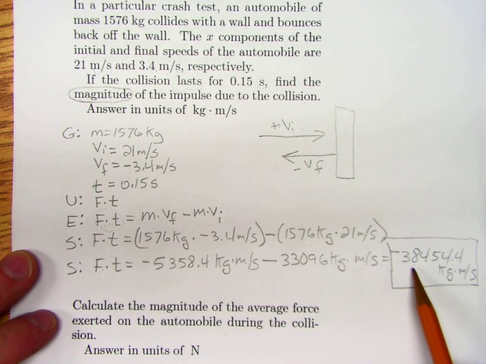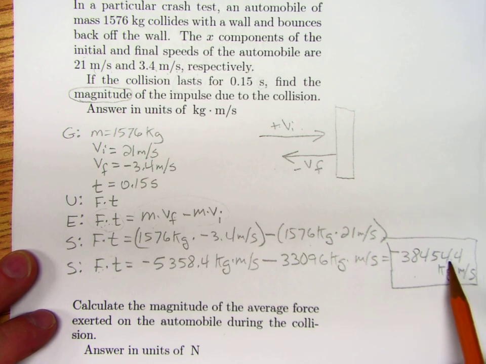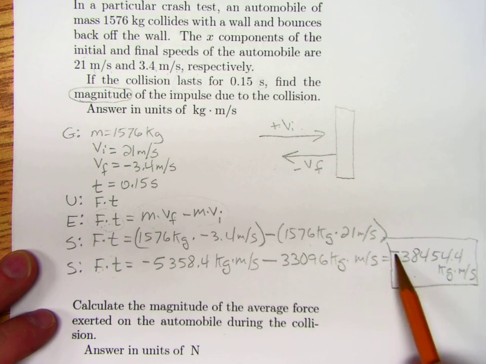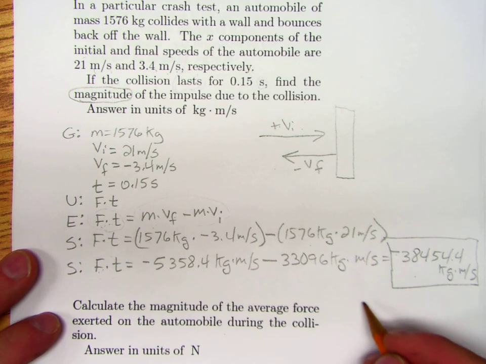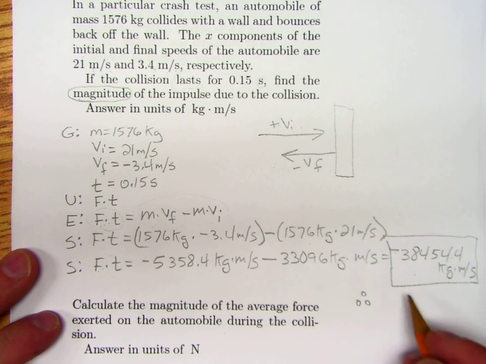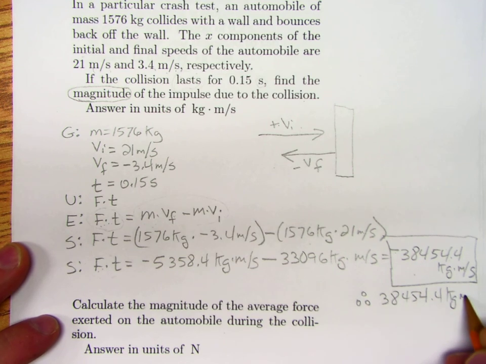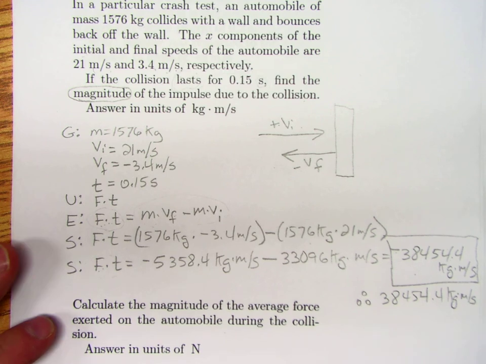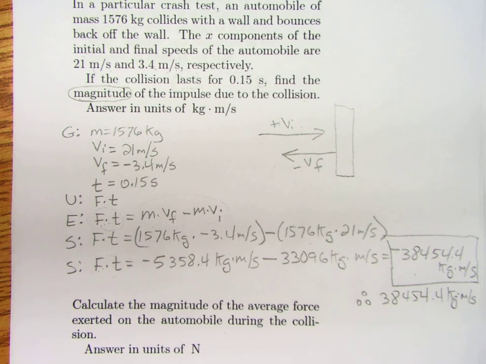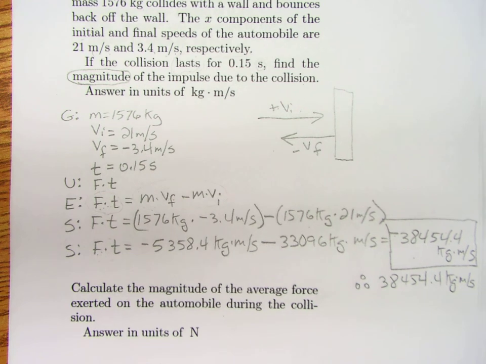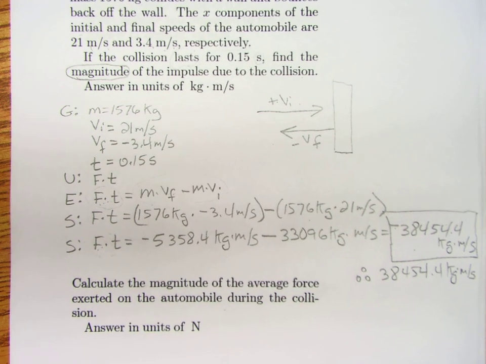In this case, 38,454 is the strength, and the minus sign is the direction. And therefore, the answer for the homework is 38,454.4 kilogram meters per second. Notice we're not using significant digits. So if you know significant digits, you can use them for the homework.